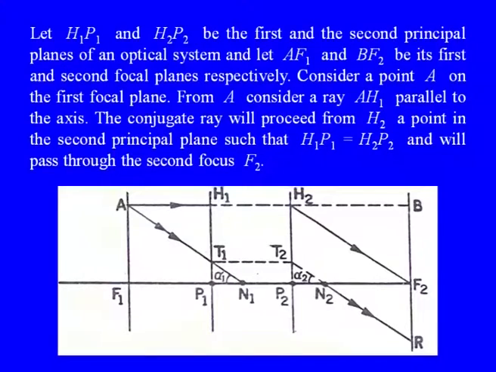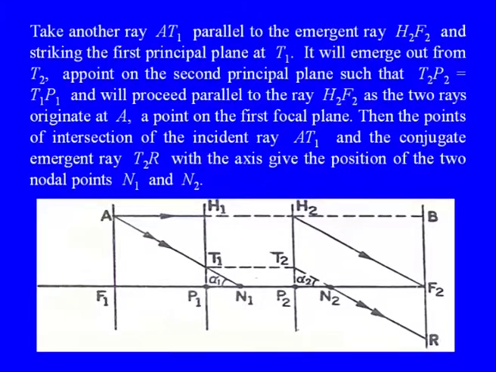Consider a point A on the first focal plane. From A, consider a ray AH1 parallel to the axis. The conjugate ray will proceed from H2, a point in the second principal plane, such that H1P1 is equal to H2P2 and will pass through the second focus F2.